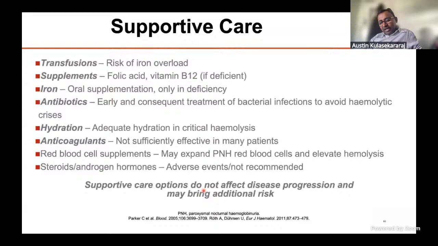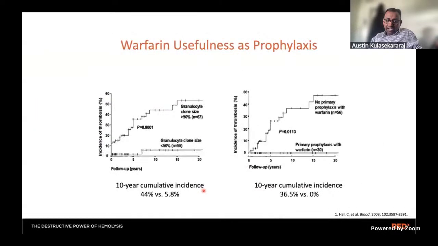I know we have talked about other treatments, and there was so much discussion around whether you would use steroids, androgens, anabolic steroids, anticoagulation, and this is how it was in countries where they have access to anticomplement therapy.